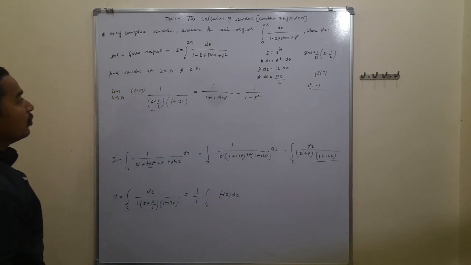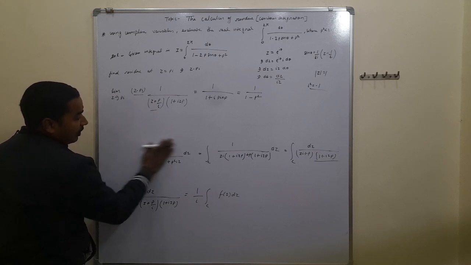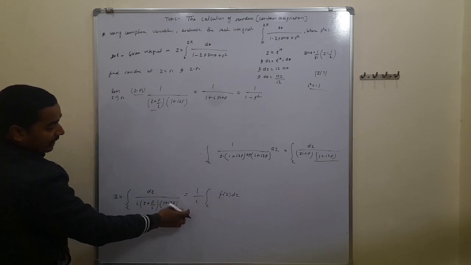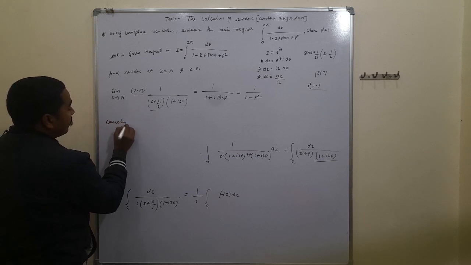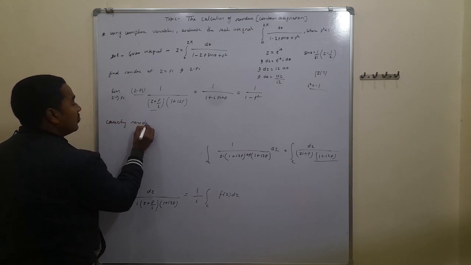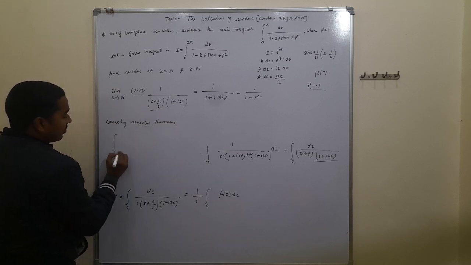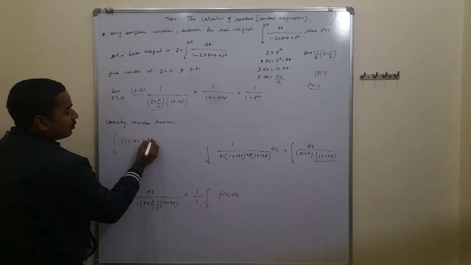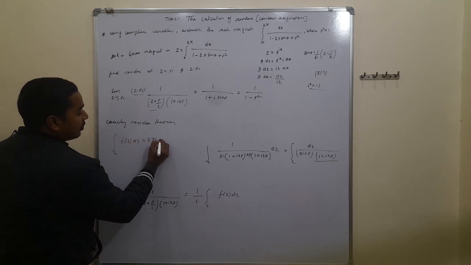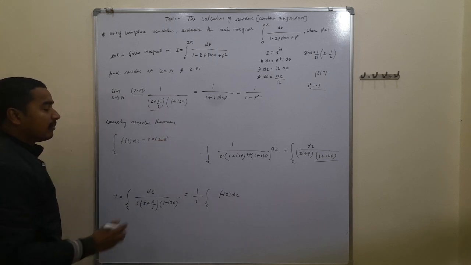Further, here 1 upon i is present, so we write the Cauchy residue theorem: close integral f(z) dz is equal to 2 pi i into the sum of residues.